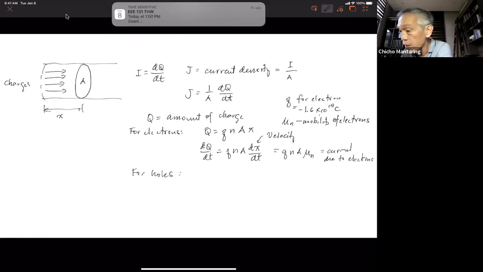Okay, your dq/dt is equal to q p mu sub p, sorry, I'm missing something. I forgot the E. No, E. mu sub p, E. Okay, this is your current due to holes.